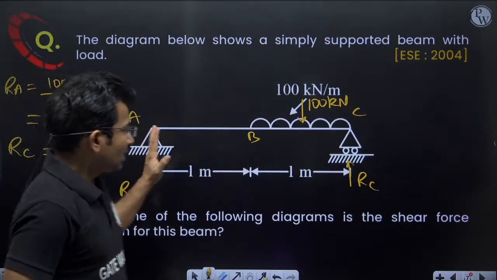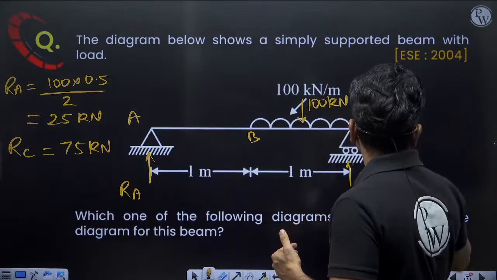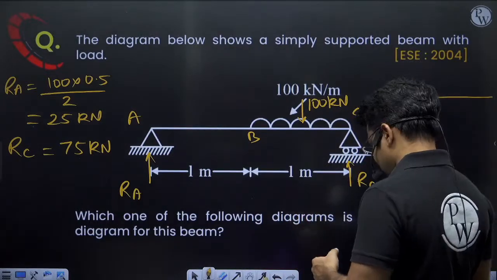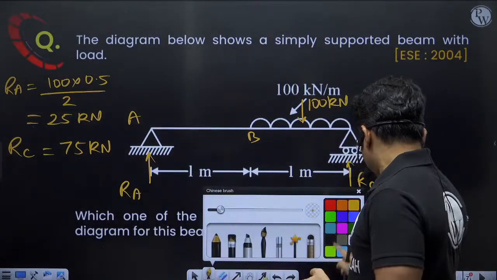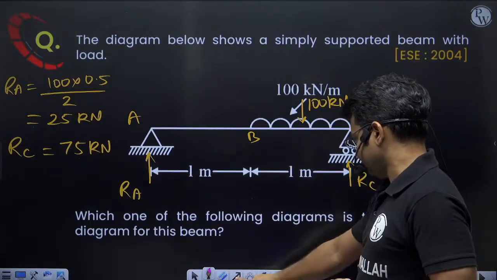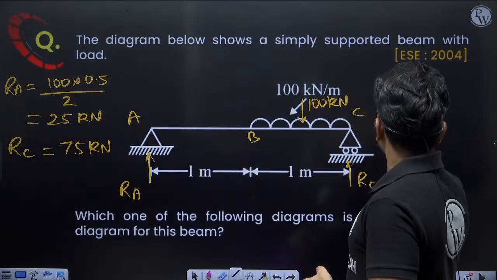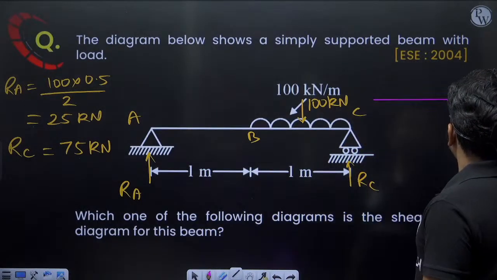Now if I want to draw the shear force diagram, how will it look? It will look like this. Let me draw the reference line with this color. I am always using this color for the reference line.